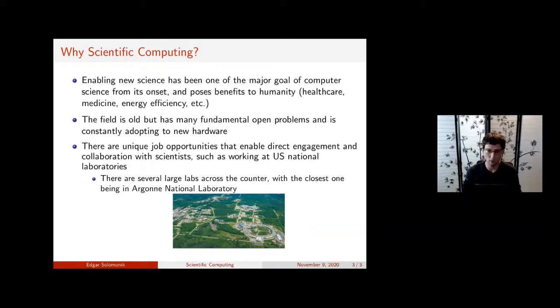And I would recommend similar things to students. If you like some aspect of science, or perhaps you're a scientist that was before interested in a particular area of science, but is coming to computer science, consider finding ways of combining your interests. It's both fun and provides unique opportunities, I think, in the future, both within academia and within industry.